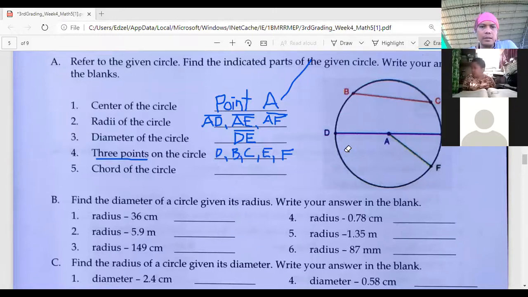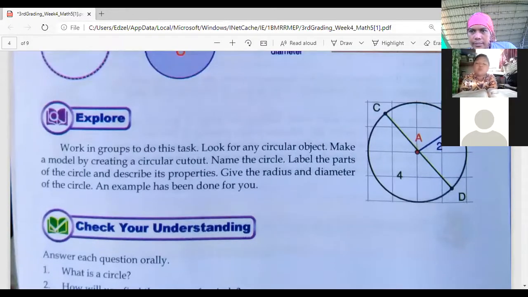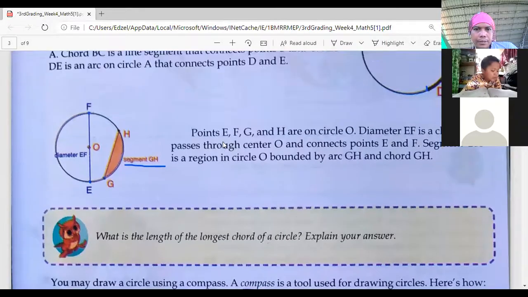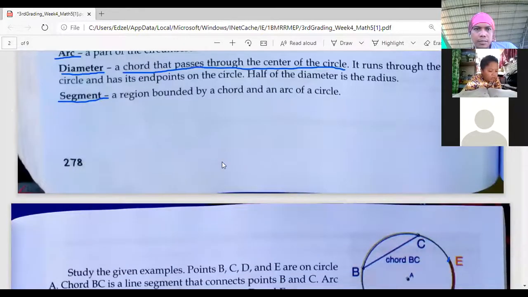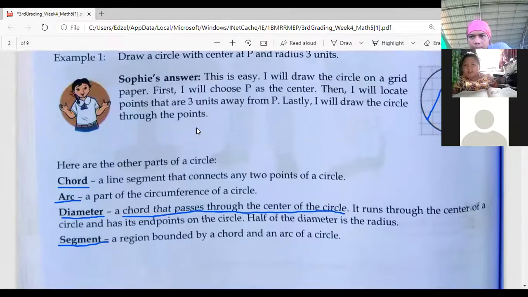Okay. Ang chord sa circle is, ang meaning sa chord, kung atong balikan, ito ang meaning, ibig sabihin sa word na chord. Ang chord is a line segment that connects 2 points on the circle.